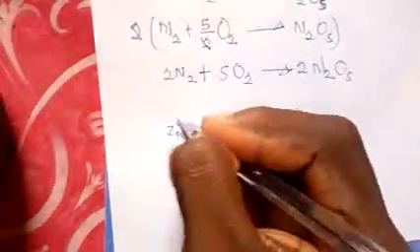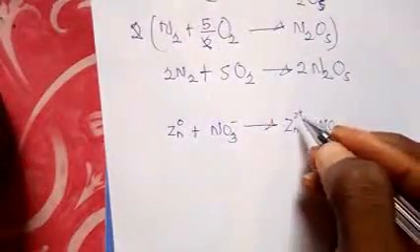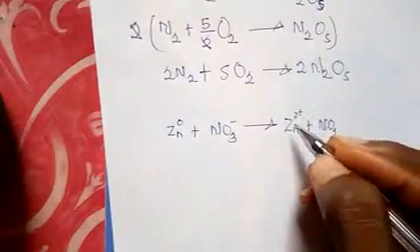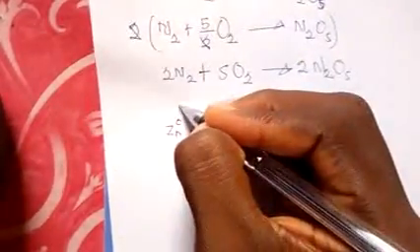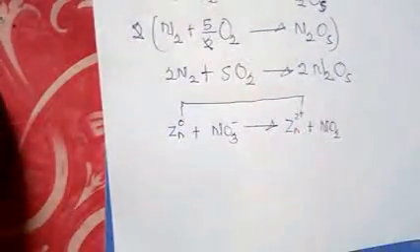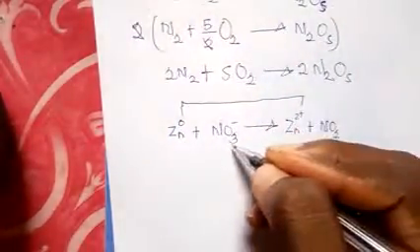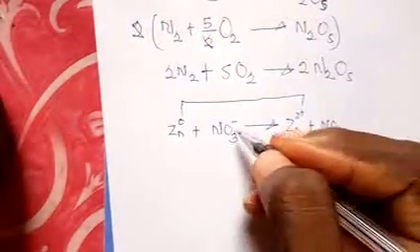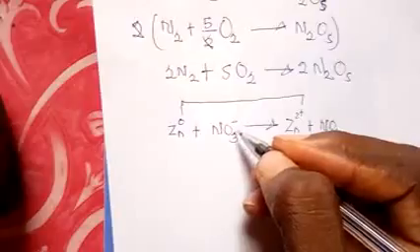So Zn here is 0, and Zn here is 2 plus. It means that Zn left from 0 and it came to 2 plus. What about NO3? On this side, you have to find the charge for it.